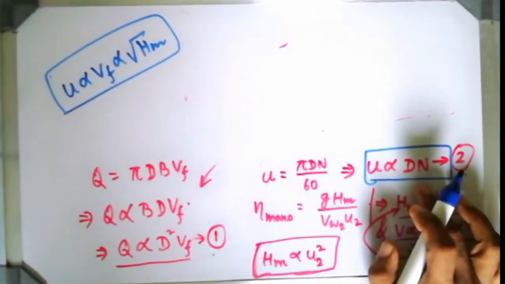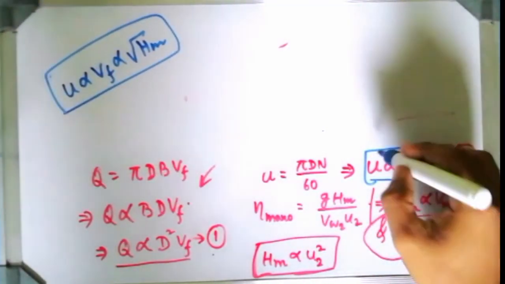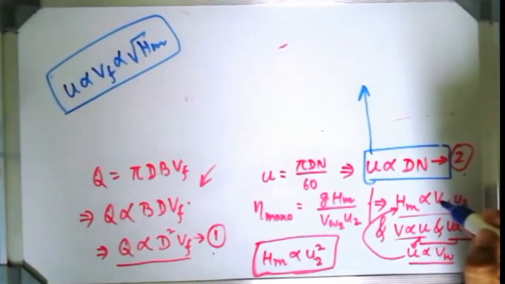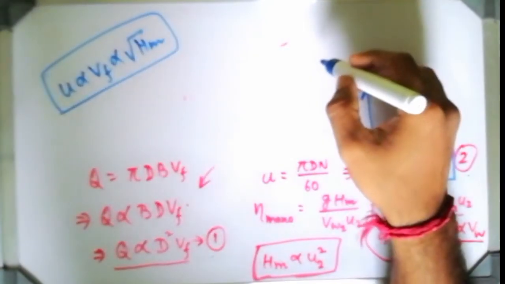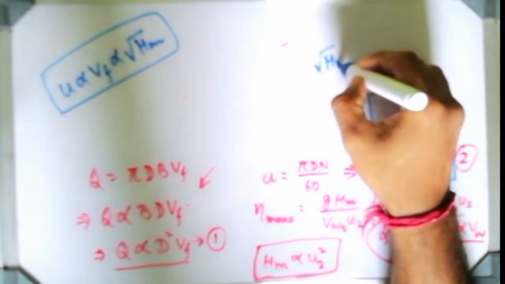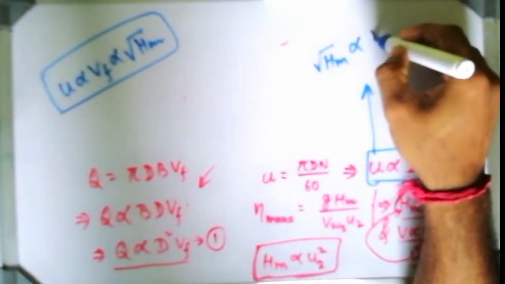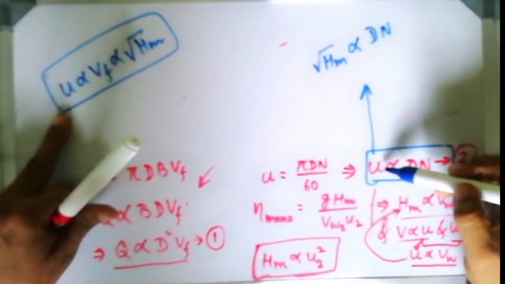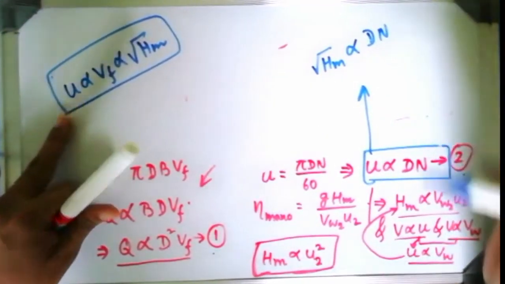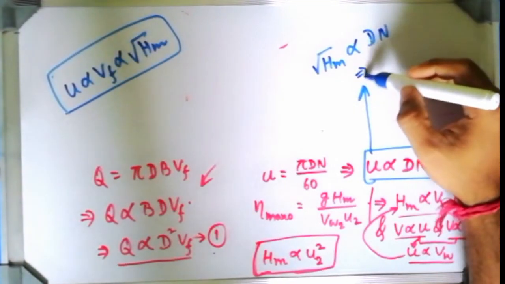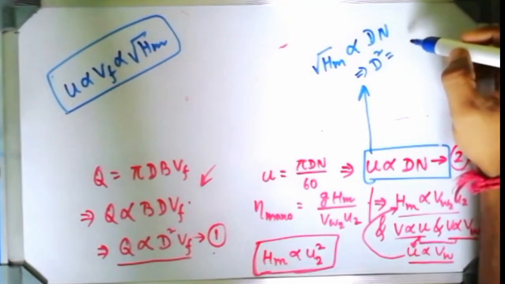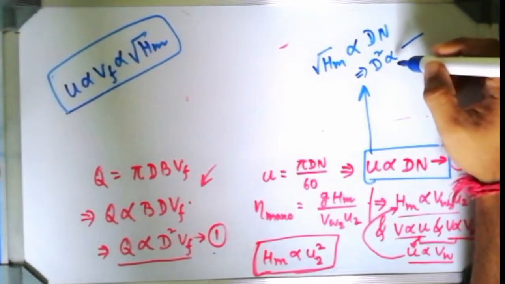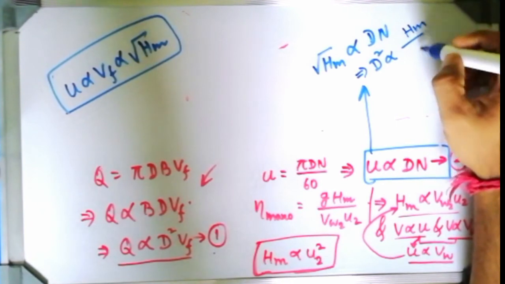If u is proportional to dn, then from here I can also write that u is proportional to root hm, so I can write root over hm is proportional to dn. Because u is proportional to root hm, replacing u with root hm, root hm is proportional to dn. So easily from here I can write d square proportional to hm by n square.